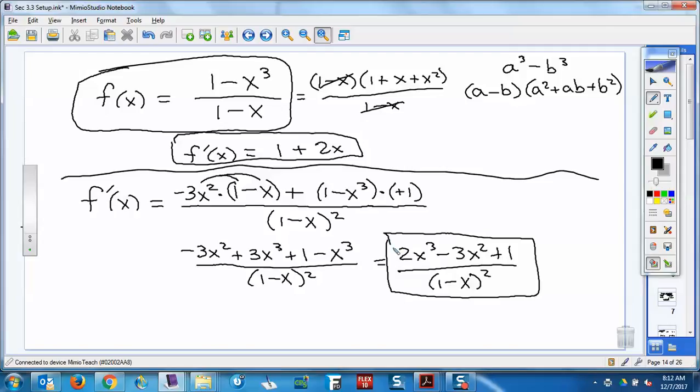Okay? Now, you might be wondering, what in the world? We're supposed to get the same thing. Well, if you remember Algebra 2 class, the bottom would be 1 minus 2x plus x squared, right? So in Algebra 2 class, you did this.